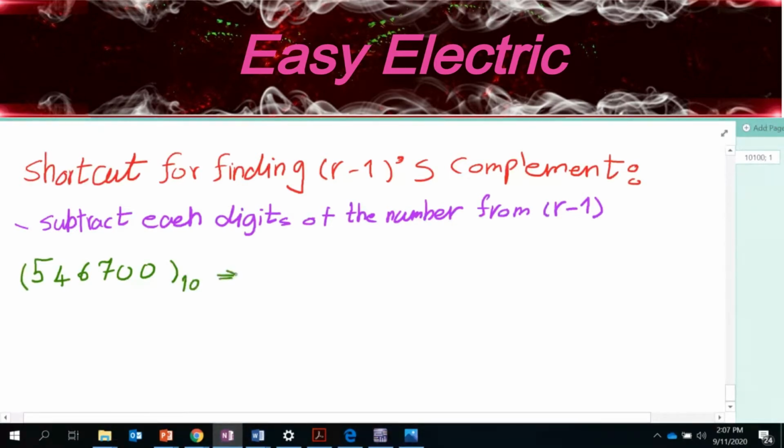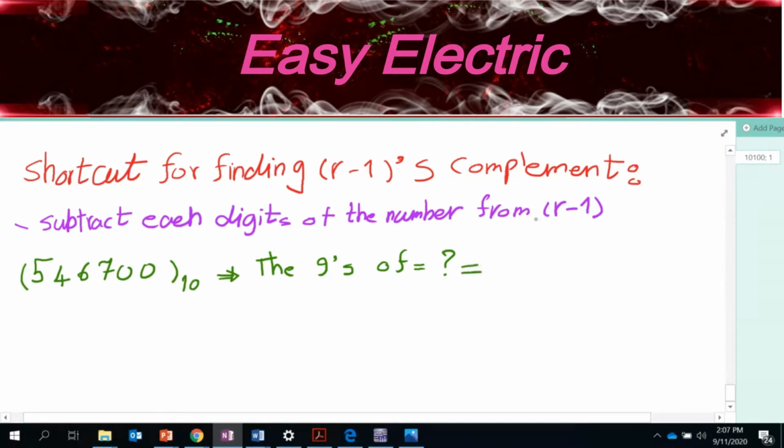The question is, what is the 9's complement of it? That's obvious, this is base 10, so the r-1 complement would be 10 minus 1. That's the reason you have the 9's complement.